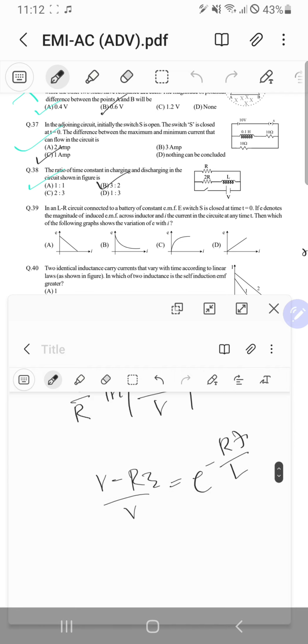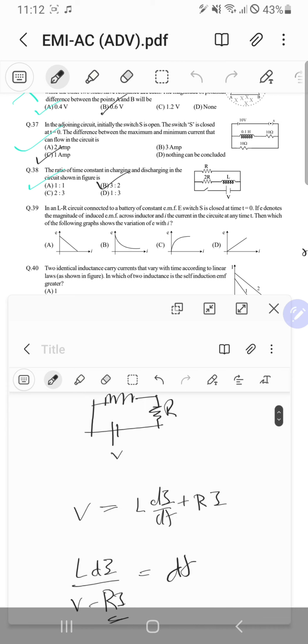So we just want what? Oh wait, we want to find the induced EMF. Wait a second, this thing is the induced EMF, in fact.